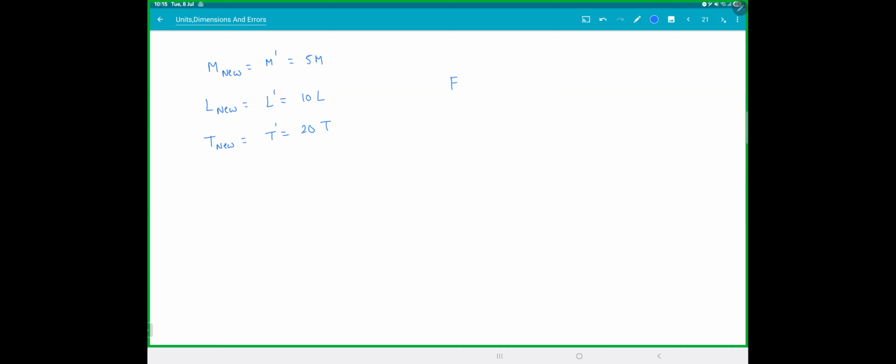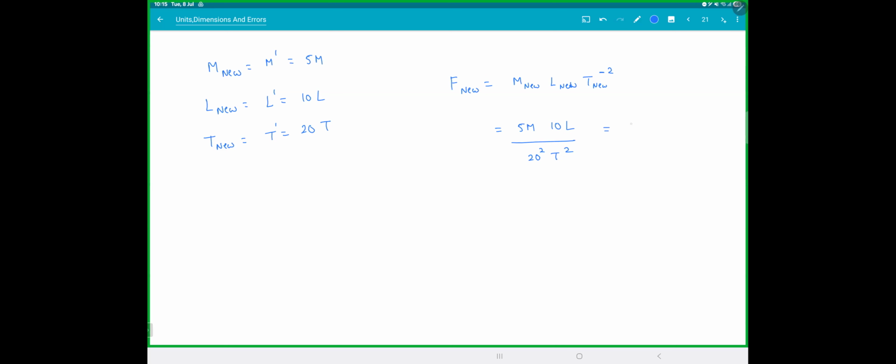The dimensions of force are still the same: new mass, new length, new time to the power minus 2. MLT^-2, that formula is still valid. But what is M new? 5M. What is L new? 10L. And this is 20 squared T squared.